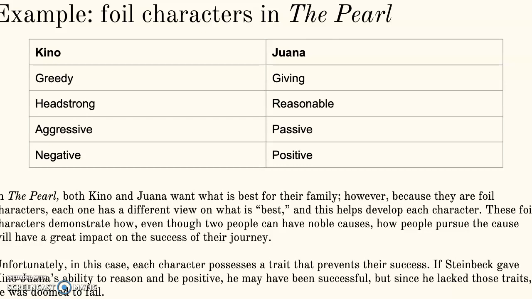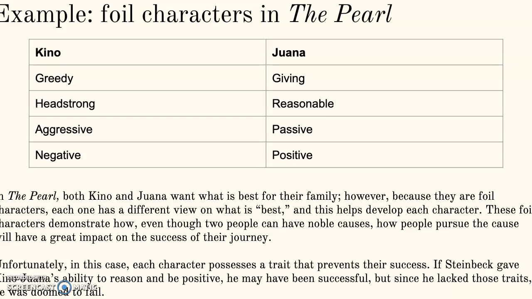She's passive. If you remember that great imagery, she was like a sheep at the butcher when he attacks her, right? So she's just sort of laying there watching it all happen and not fighting back. And in a lot of ways where Kino is very negative, almost pessimistic about the outcomes, Juana is exceedingly positive. She keeps saying, if we just get rid of this pearl, everything's going to get better.